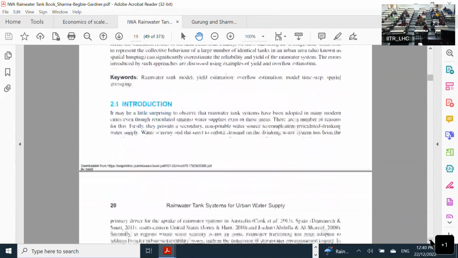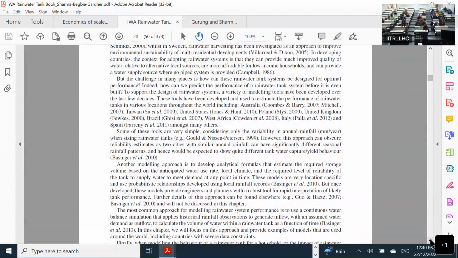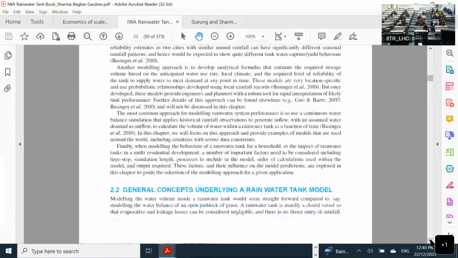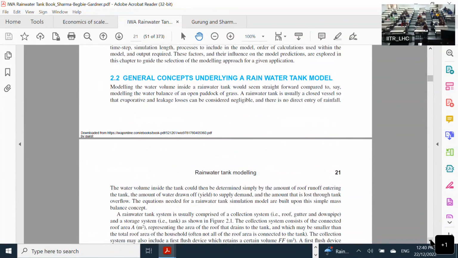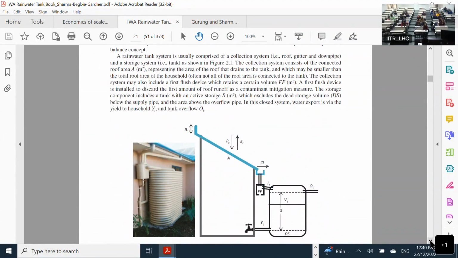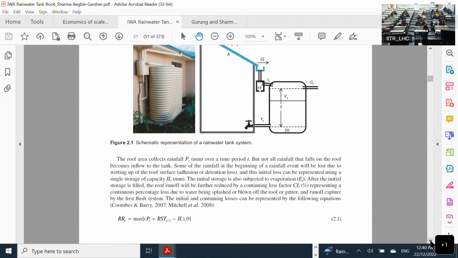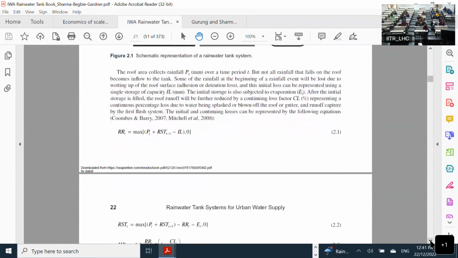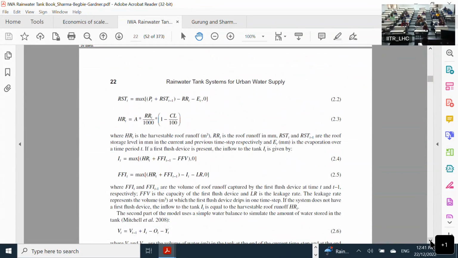There are a number of models also available. There is a lot of information about the literature review and general concepts in rainwater tank modeling. So those who are interested in conducting some research in this area can go through it; it talks about all the losses and the estimation.